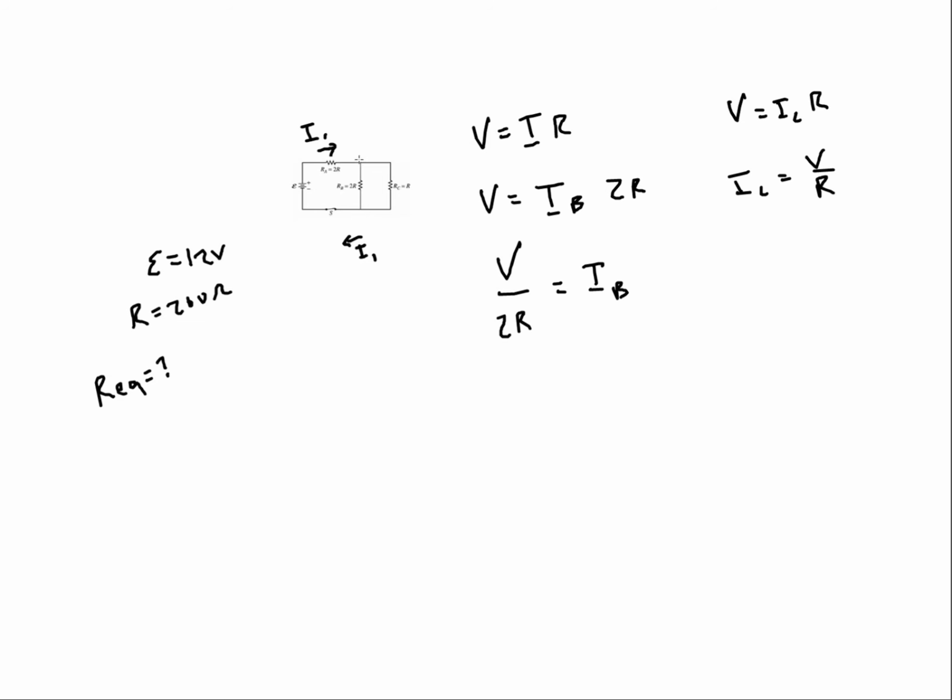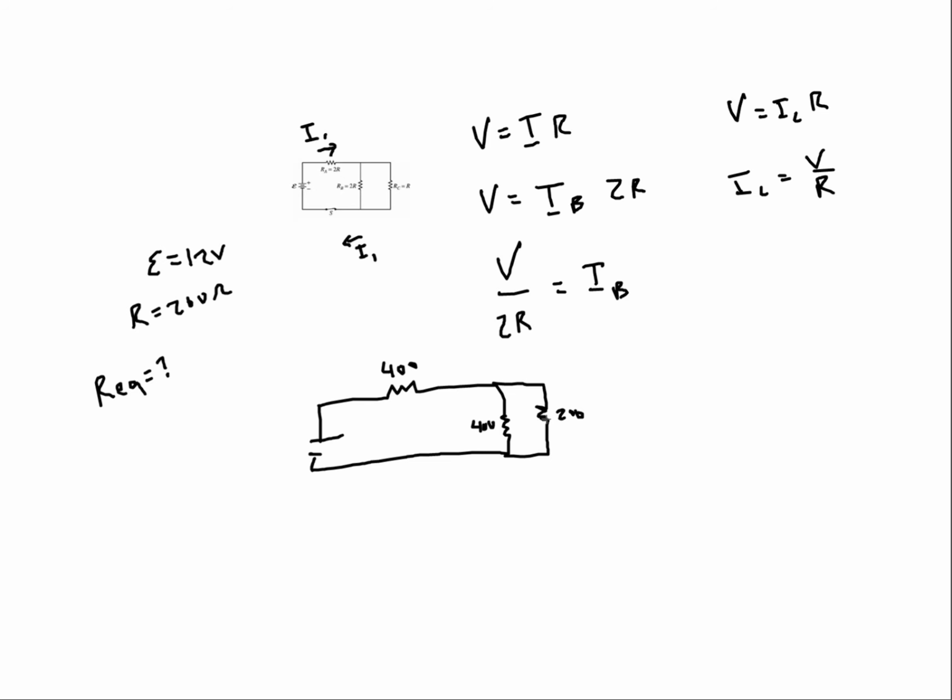Well, RA is in series with these two parallel resistors, RB and RC. So I'm going to redraw this circuit, but now plug in my values for my resistors. Here I've got 2R, so this is 400, and here I've got 2R, so it's also 400. And then here I've just got R, so we've got 200.